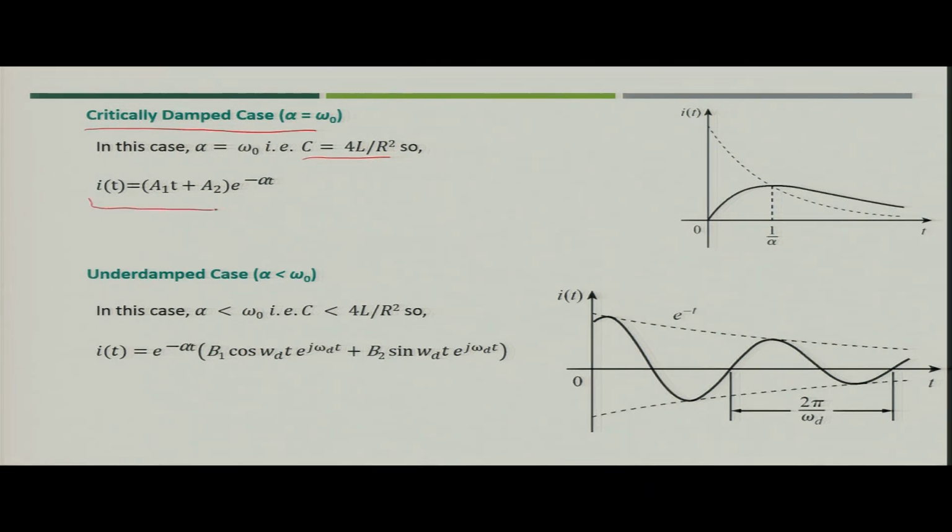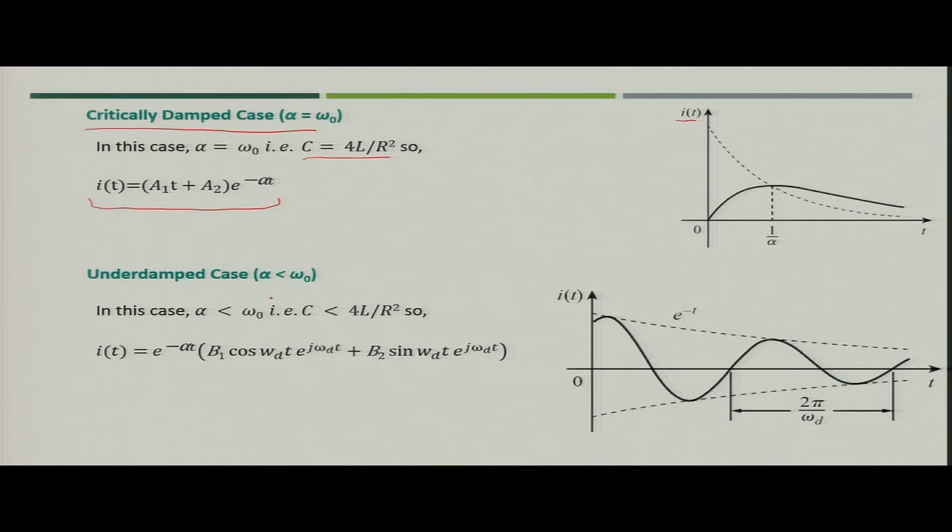In that case the current at time t is A1 t plus A2 into e to the power minus alpha t. When we plot this, we saw that at time t equal to 1 by alpha, the current is at its maximum value.